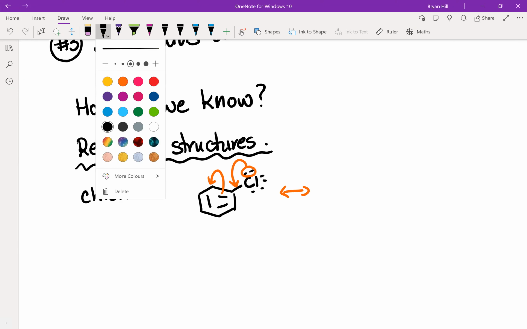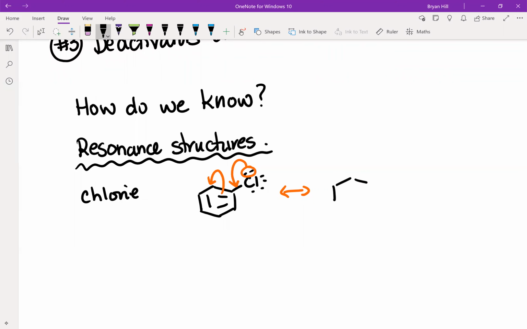And this is going to give us this resonance structure. Then we can move this lone pair here.